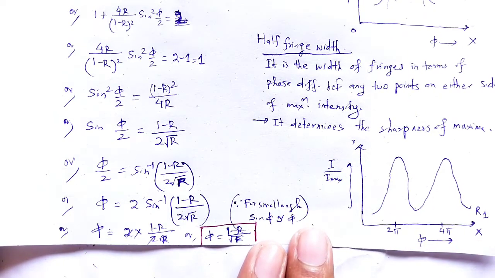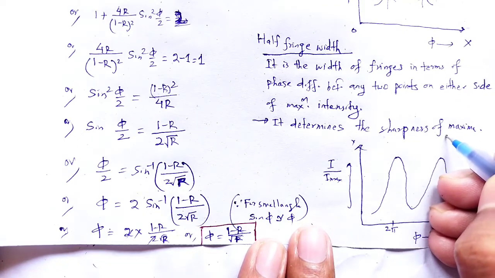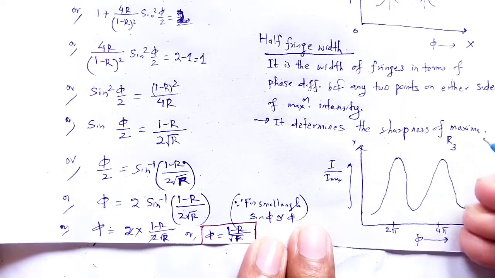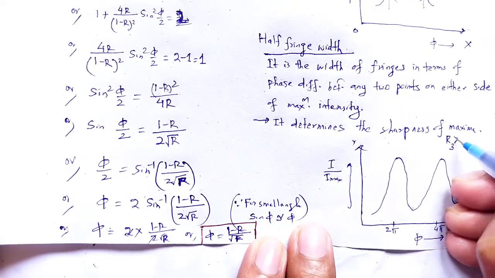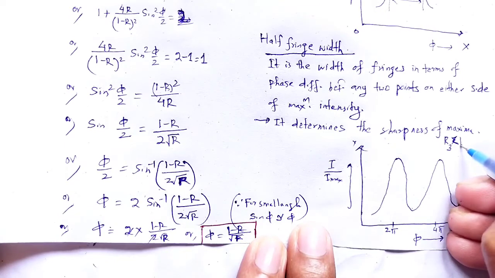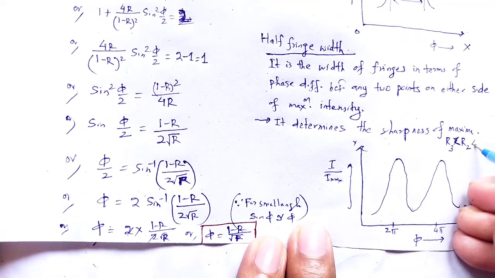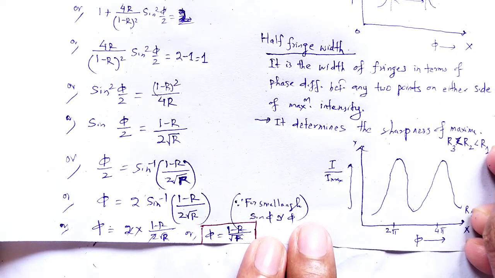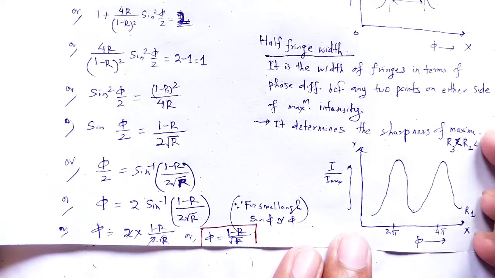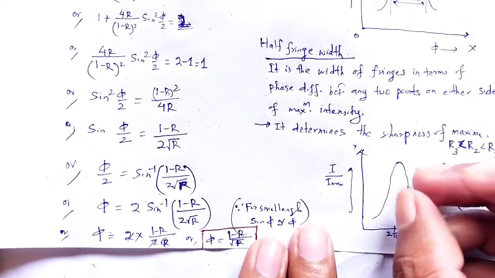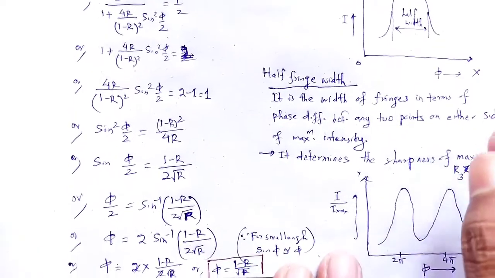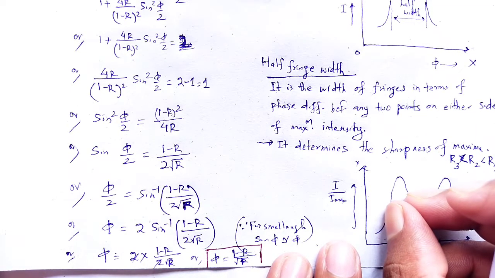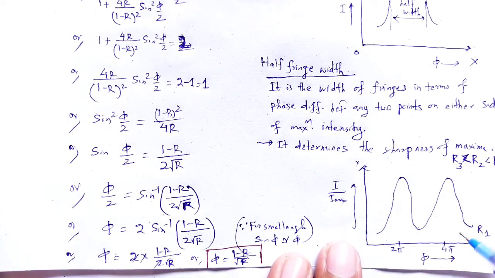Let R3 and R2 be coefficients of reflection in the order R3 is less than R2, which is less than R1. For lower reflection coefficient, the half width is larger and the maxima are less sharp.